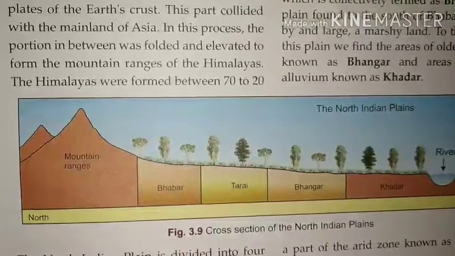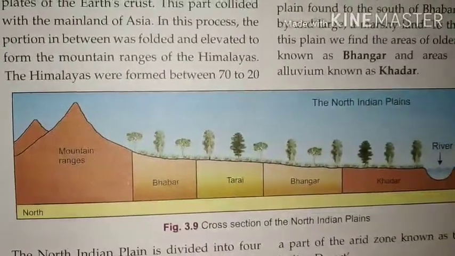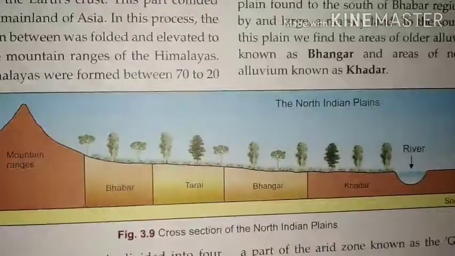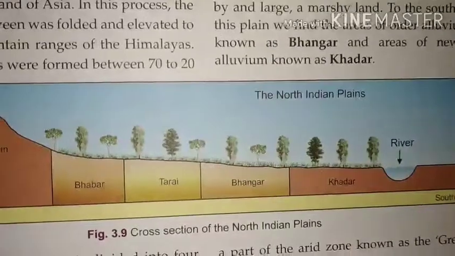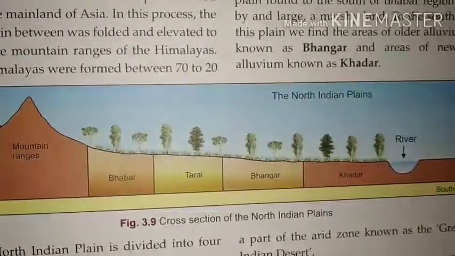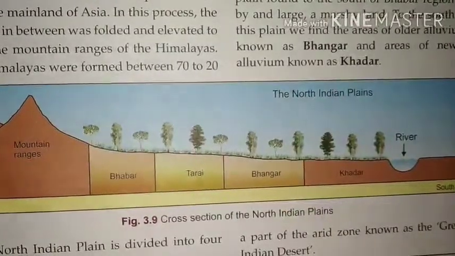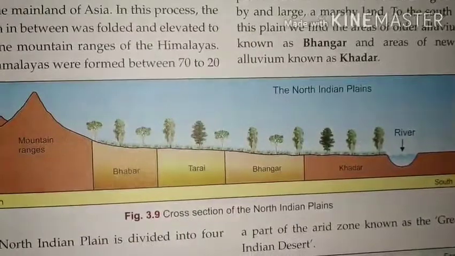Now see this figure, cross section of the North Indian plains. In this figure, as you can see, the southern peninsular part of India, that is the plateau region, is very old. How old? 200 million years old.